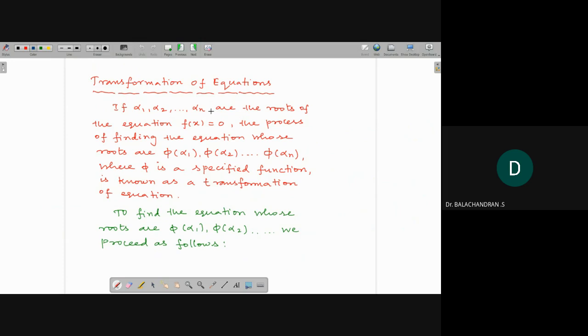If alpha 1, alpha 2, ..., alpha n are the roots of the equation f of x is equal to 0, the process of finding the equation whose roots are pi of alpha 1, pi of alpha 2, ..., pi of alpha n, where pi is a specified function, is known as a transformation of equation. To find the equation whose roots are pi of alpha 1, pi of alpha 2, and so on, we proceed as follows.